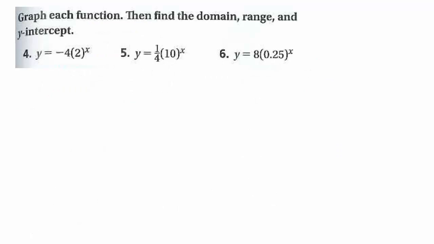Now, we could use the graphs to answer the questions as to whether it's growth or decay as well. But for these, I just want to roughly sketch a graph of these functions, and we're going to use what we learned from the last three. We know that the y-intercept is always determined by the value of a, the coefficient in front of the base.